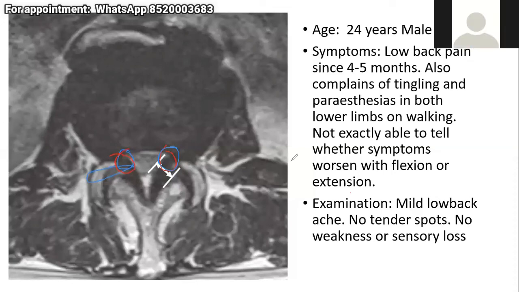Actually, approximately a decade ago, there were hard and fast rules: for stenosis, these are the exercises that should be prescribed; for disc prolapse, these are the exercises. But now it is more a combination, and we keep grading the symptoms, based on the symptoms and the signs.